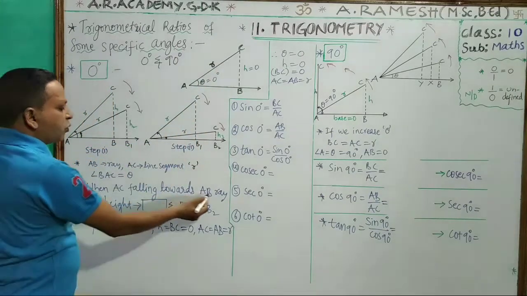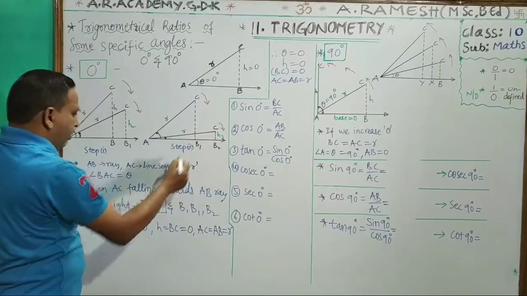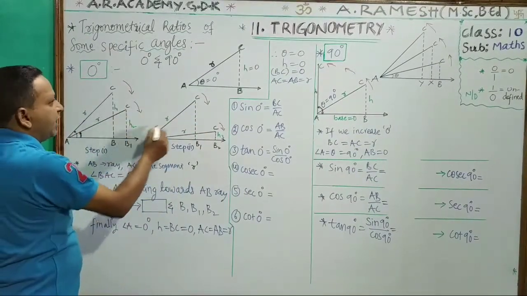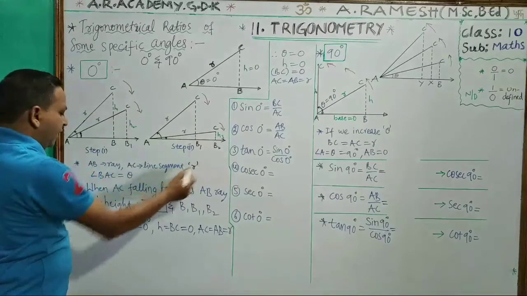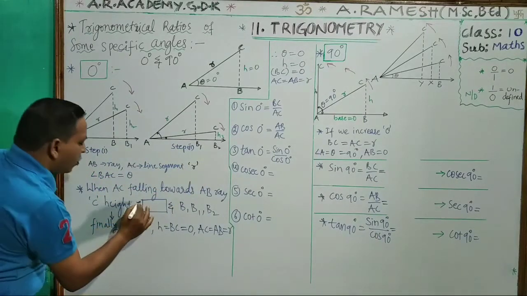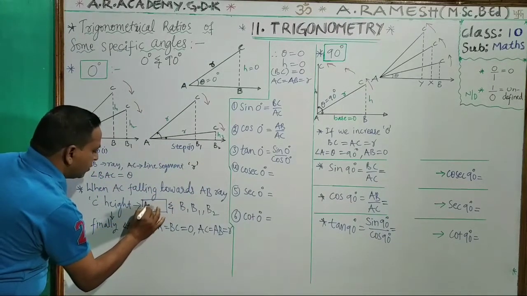When AC is falling towards AB, its height is gradually decreasing.